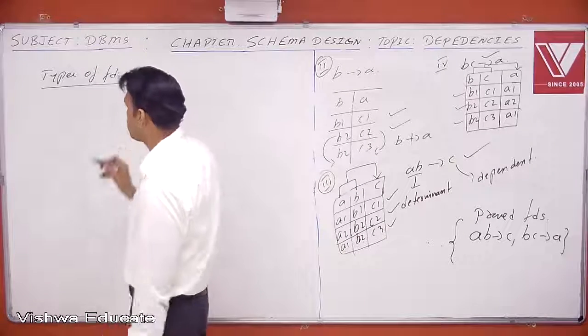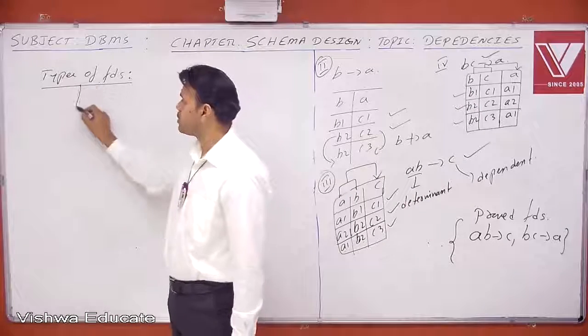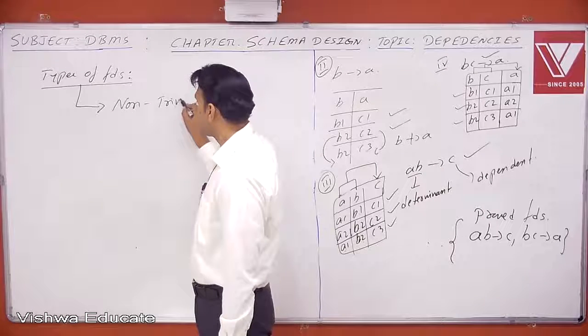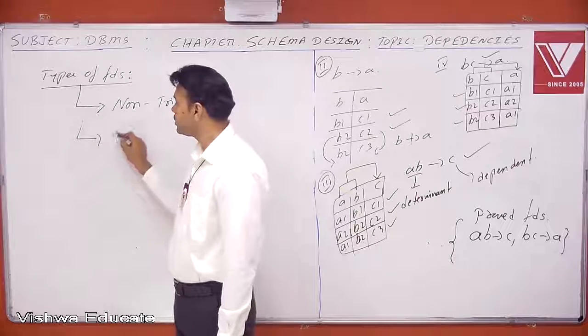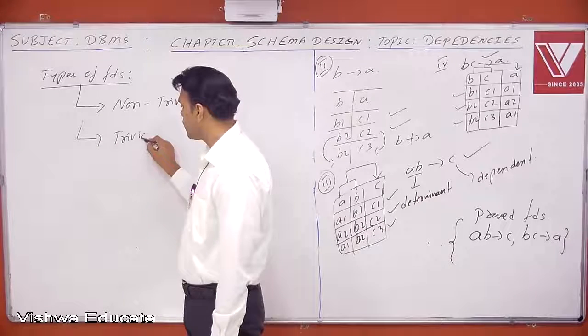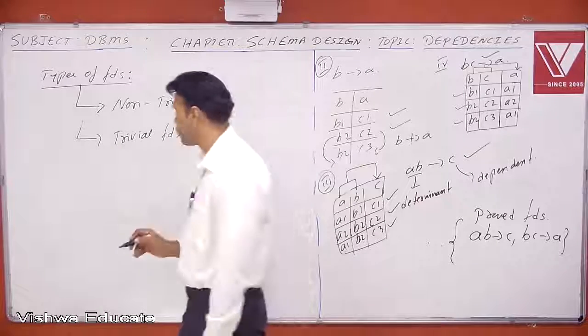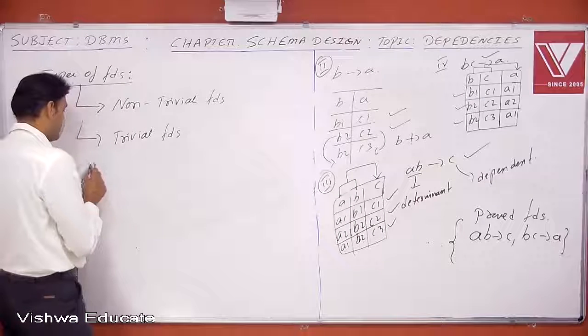So, types of functional dependencies. There are two types of functional dependencies. One is non-trivial FDs and the other one is trivial FDs. So what is the meaning of trivial FD?